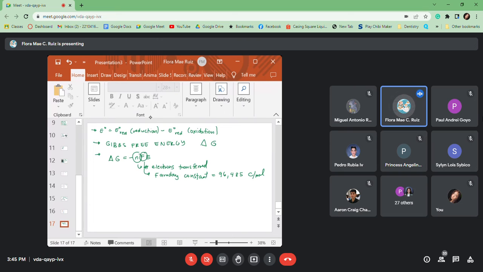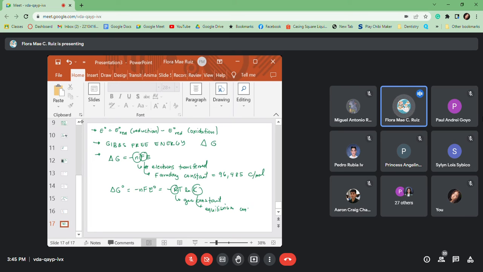Likewise, your delta G can also be written as negative nFE or negative RT ln K, where your R is the gas constant and your K is your equilibrium constant.